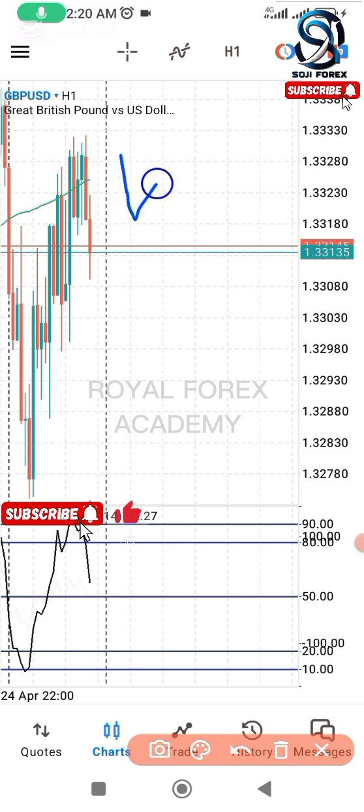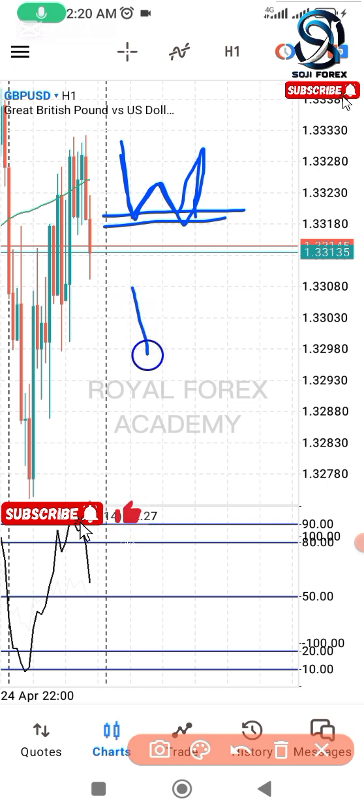We have a W pattern which is a perfect W, where we have equal highs and equal legs on both sides. Then we have the other one in which the first leg is longer and the second leg is shorter than the first leg.